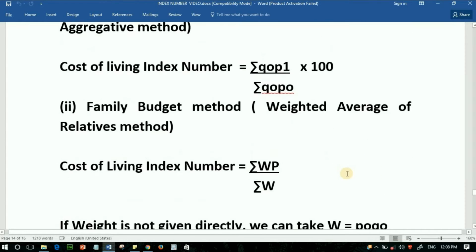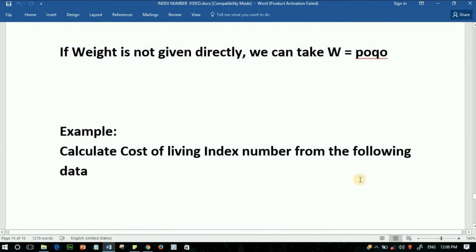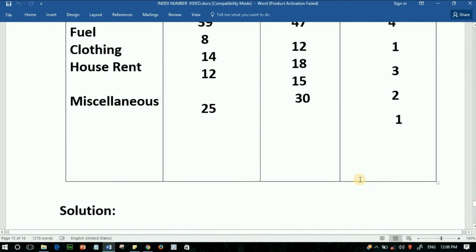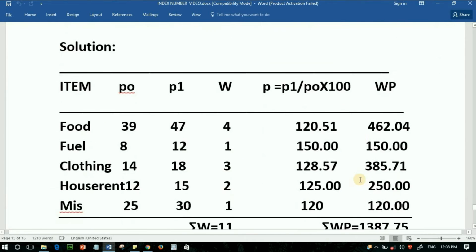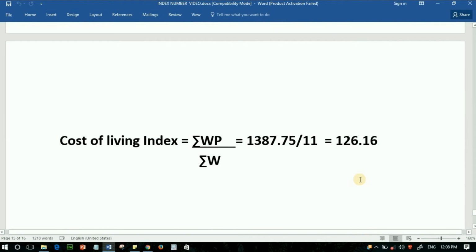If weight is given, we apply the formula Σ WP / Σ W, where P = P1 / P0 × 100. If weight is not given directly, we can take W = P0 × Q0. So a simple example is there, and we can easily find Σ WP and Σ W. Dividing, we get the answer as 126.16. Thank you.